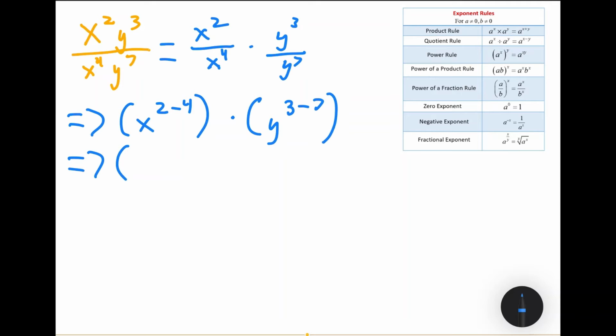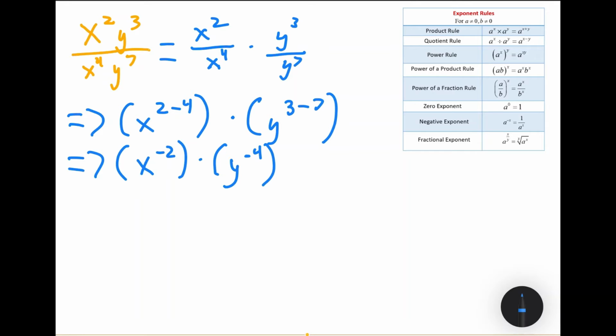So we can simplify that operation a little bit more. So now that's going to be x raised to the negative 2 power times, simplifying the 3 minus 7, that's now going to give us y raised to the negative 4th power.